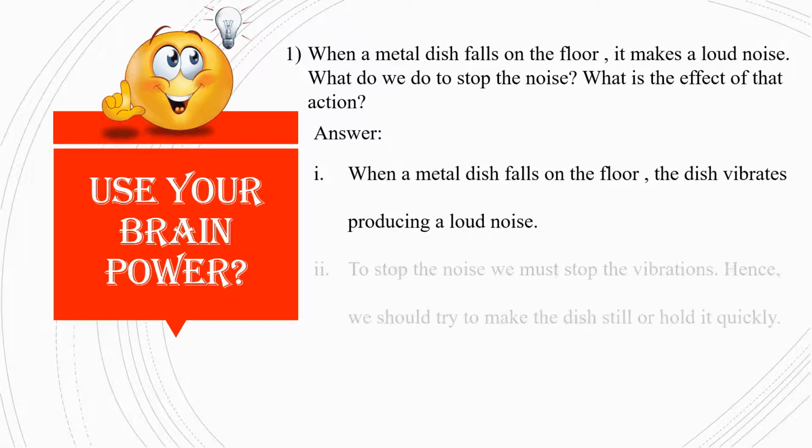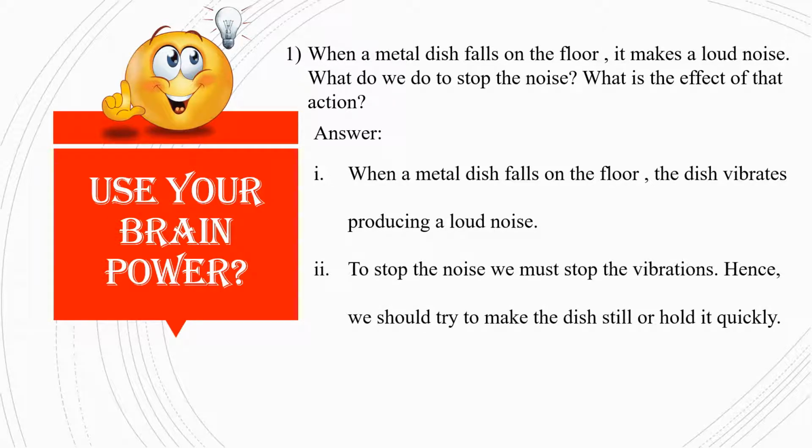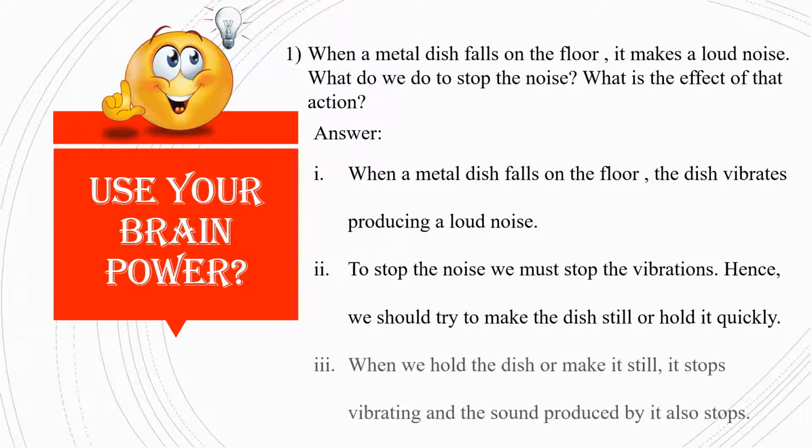To stop the noise, we must stop the vibrations. Hence, we should try to make the dish still or hold it quickly. When we hold the dish or make it still, it stops vibrating and the sound produced by it also stops.